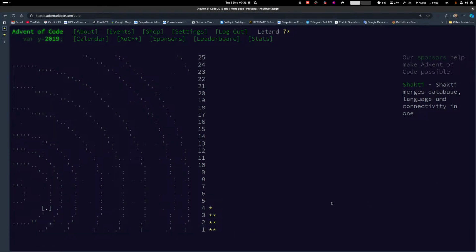But yeah, if I've solved all of them, or I've solved each one, like the first task in the first day, the second, these will be more whitish.